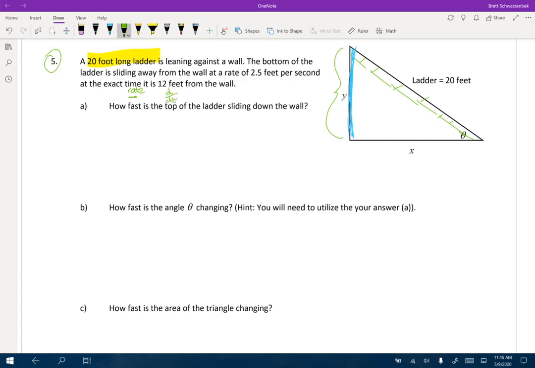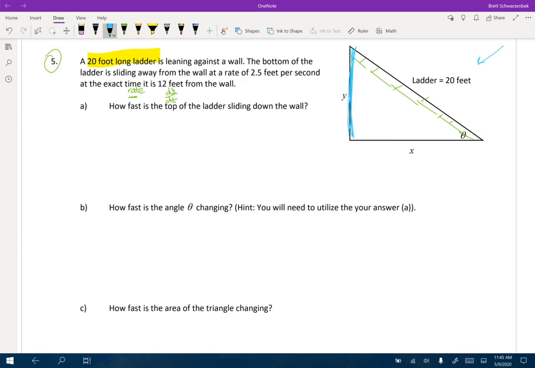Most students by this point are like, oh, that's got to be dy/dt. So the rate of change at which the ladder is moving down the wall must be dy/dt. So that's what we're looking for. Now, what we need is an equation or formula for this scenario, the ladder, that will allow us to develop a dy/dt.